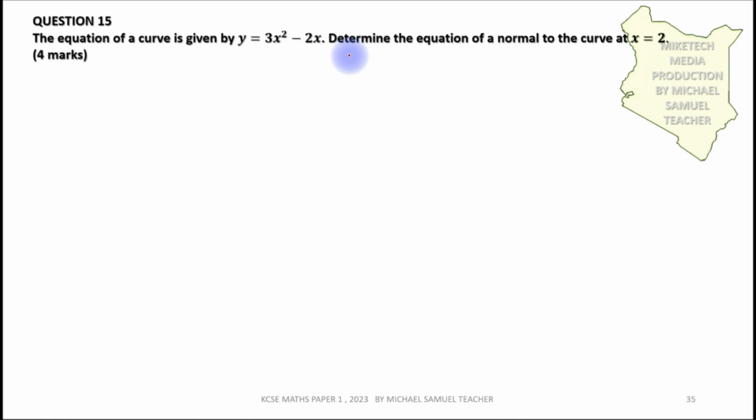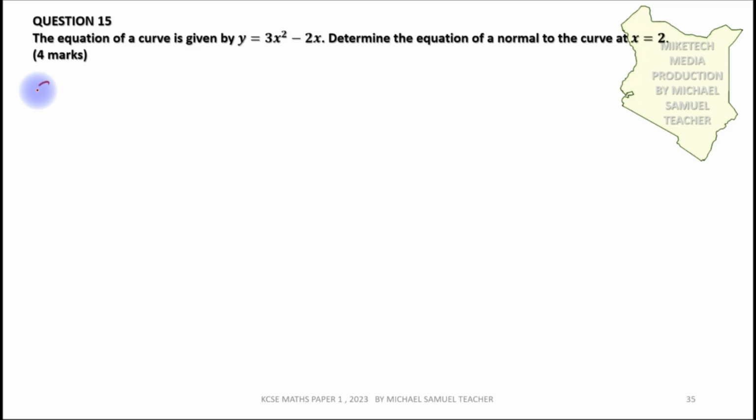So for this case, we have to get the value of y when x is 2. That is the first thing, so that we get the coordinates of the point where the normal meets the curve.